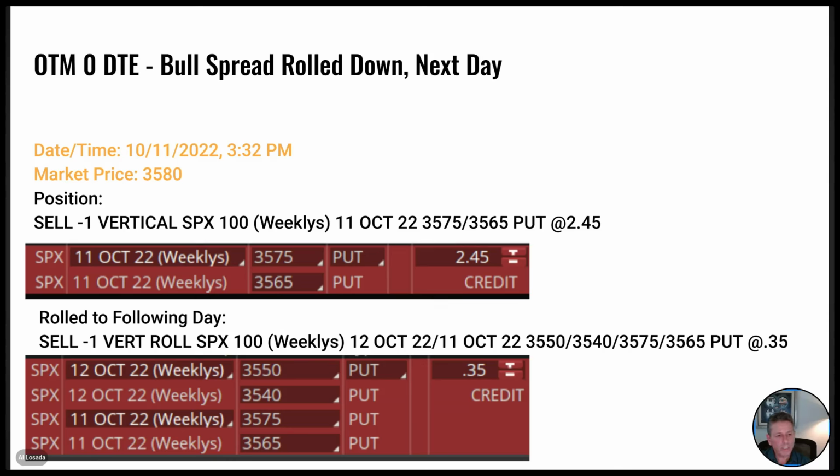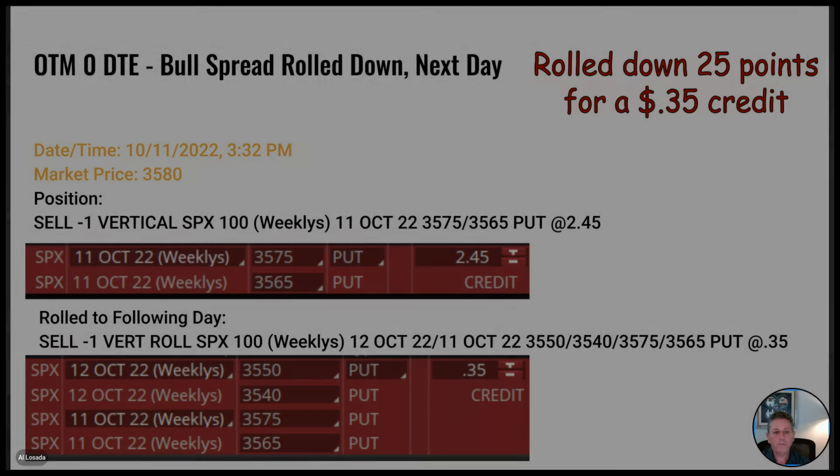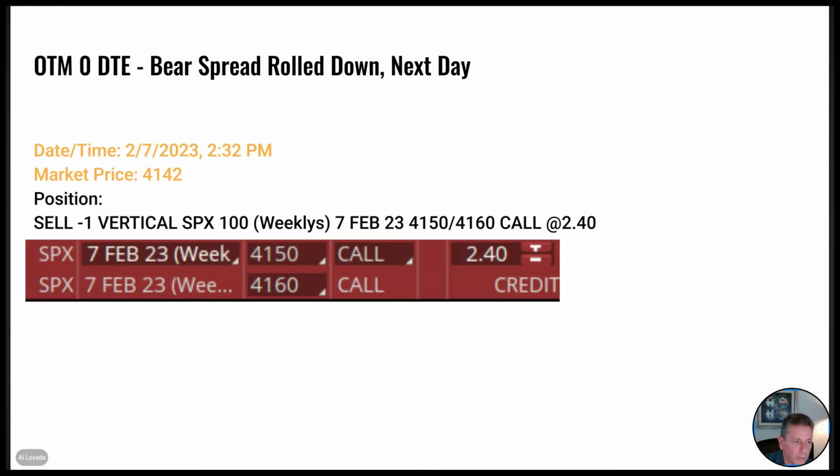nice strikes positions here, and we get a 35-cent credit. So now we have a 35-cent credit, rolled down 25 points. And so you're getting 25 points down to get away from that threatened position.